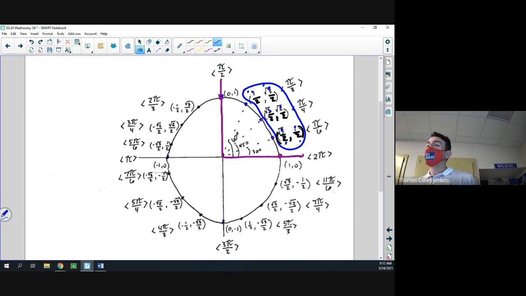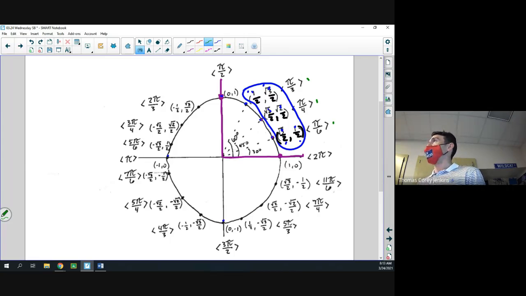But once you have it, I'll give you a second to get it sketched. I wouldn't worry as much about these radians. I marked them off as radians too, but I would worry about just the ordered pairs right now. So, from the first quadrant, everything else would build off of that, right?